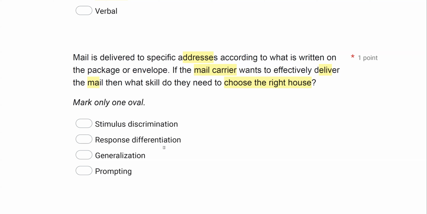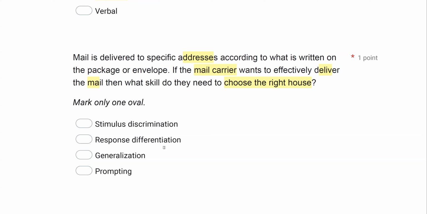Now, what about response differentiation? With response differentiation, we're not looking so much at the stimuli, but the responses themselves. Now, the mail carrier may need to engage in different responses depending on the house, but we're specifically asking about choosing the right house, which are the stimuli. We're not talking about the carrier engaging in different behaviors. We need the carrier to be able to discriminate between the houses.